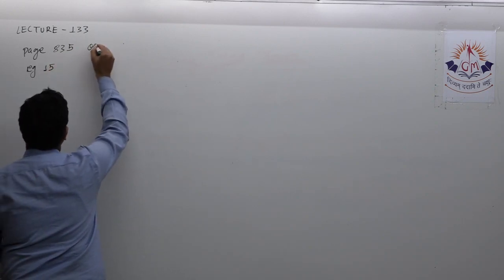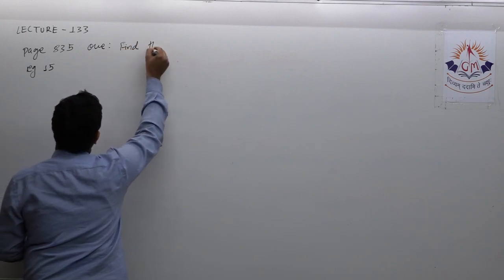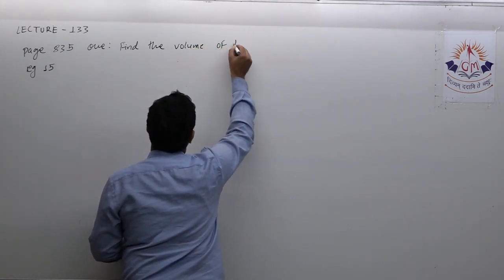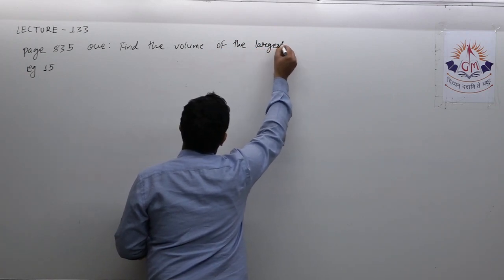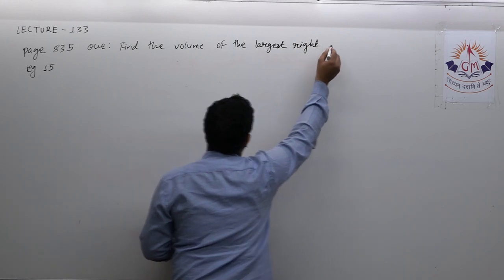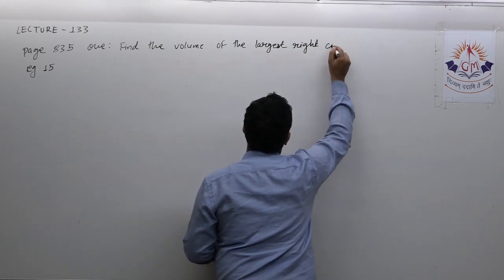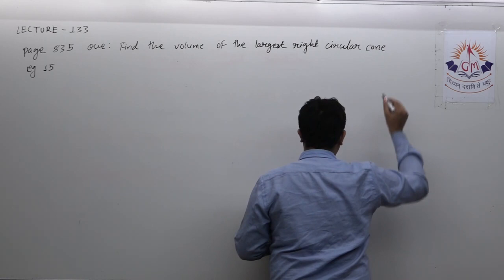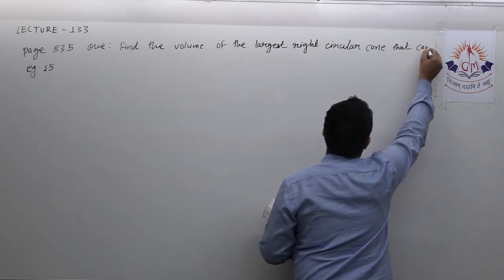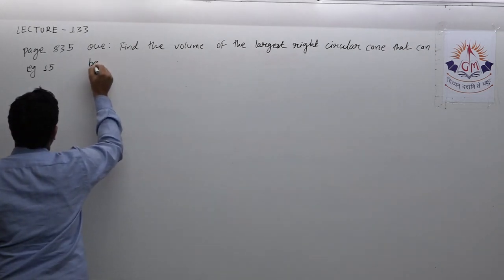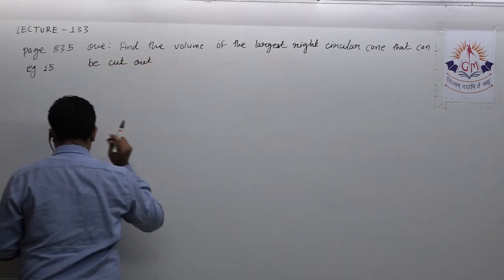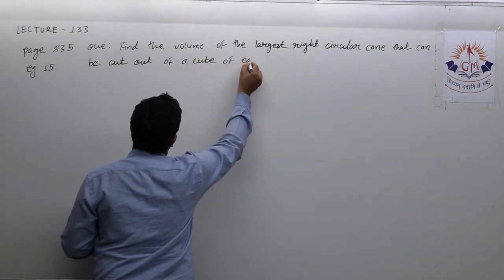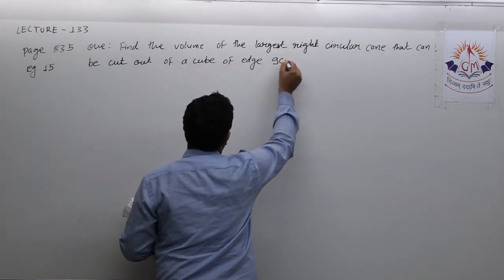Find the volume of the largest right circular cone that can be cut out of a cube of edge 9 centimeter.